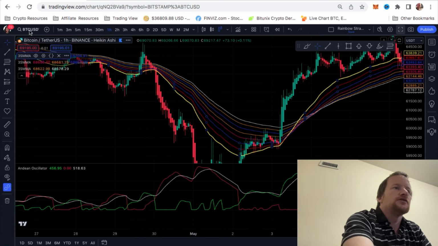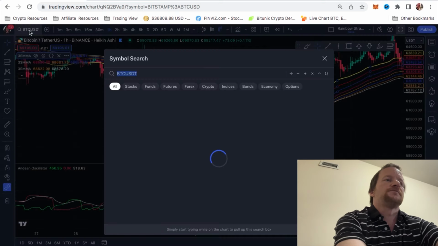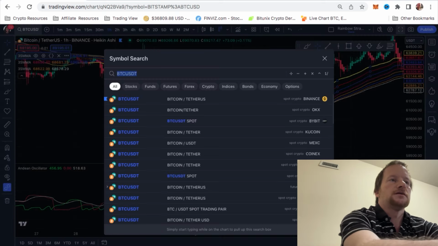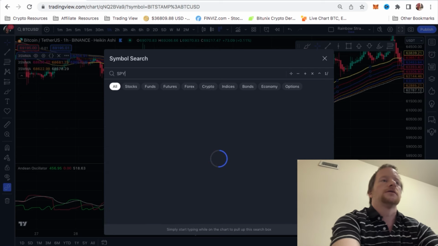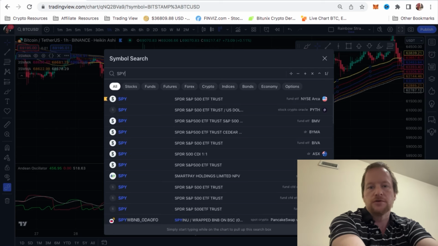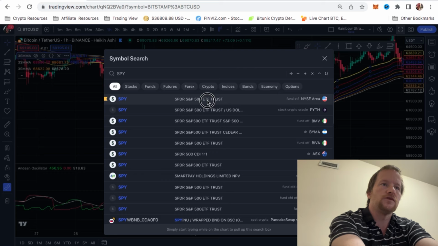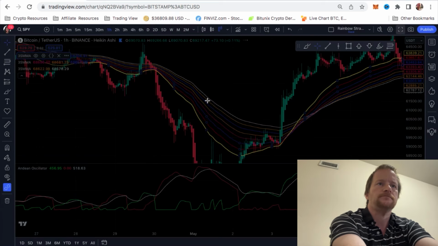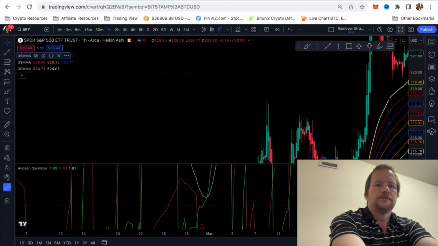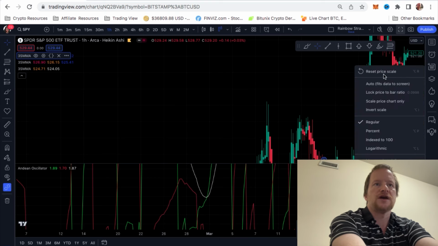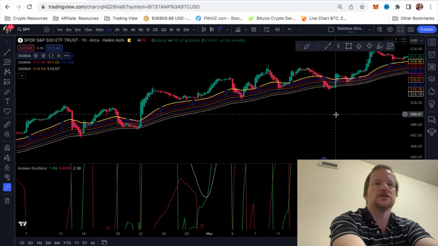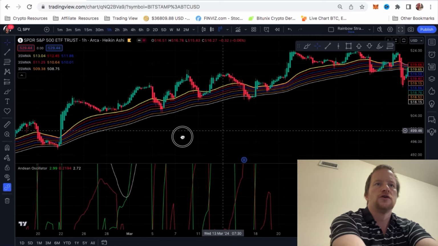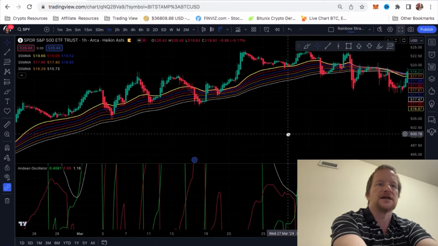So let's real quickly look at some other assets. Let's look at SPY, see if this works for SPY. This one's for option trading, and it works about the same. The only thing you want to keep track of with stocks is you've got to pay attention to what's going on with the news and CPI data and things like that.